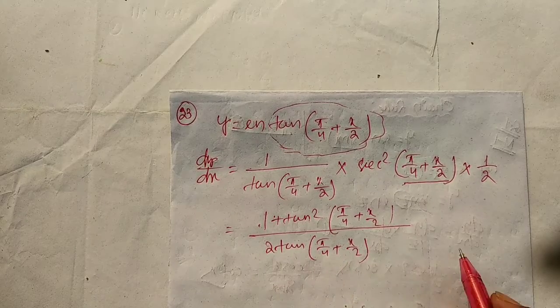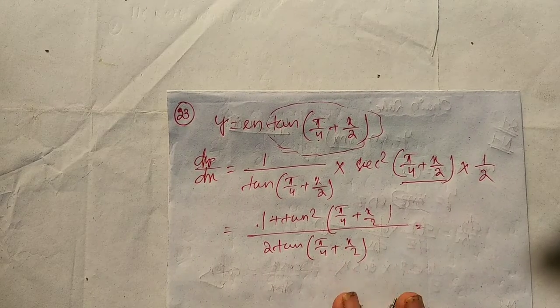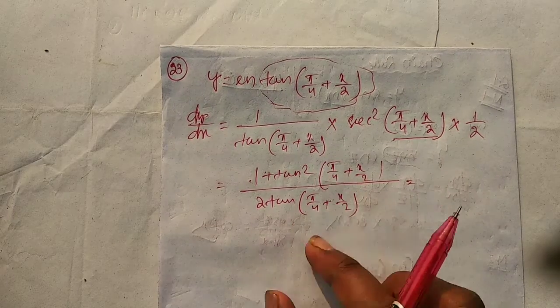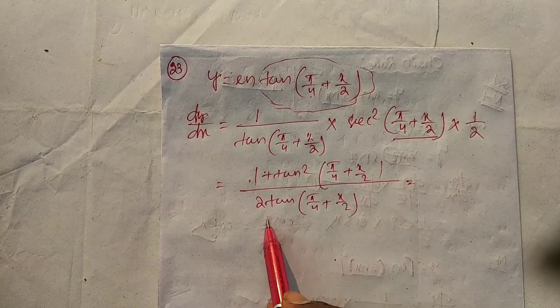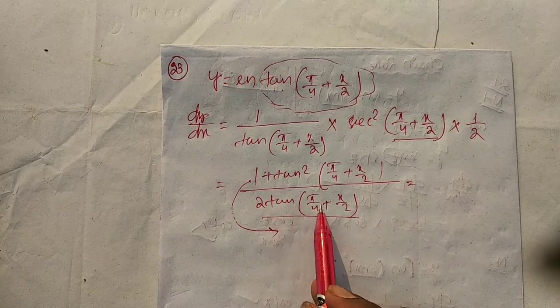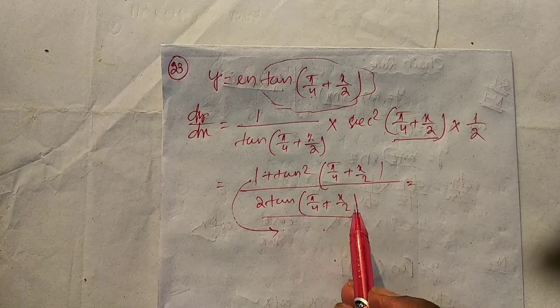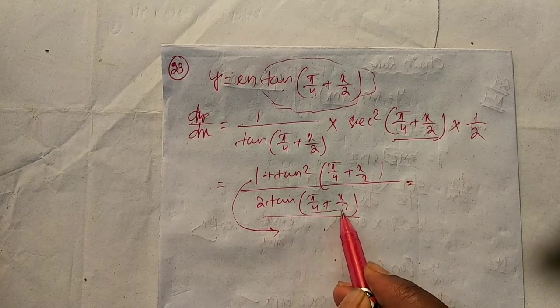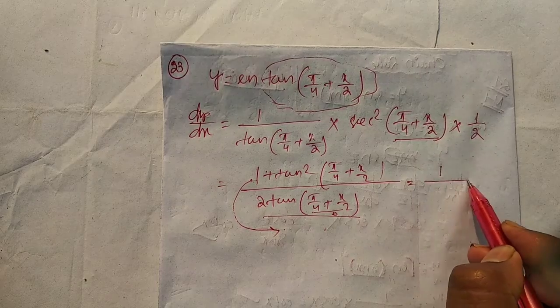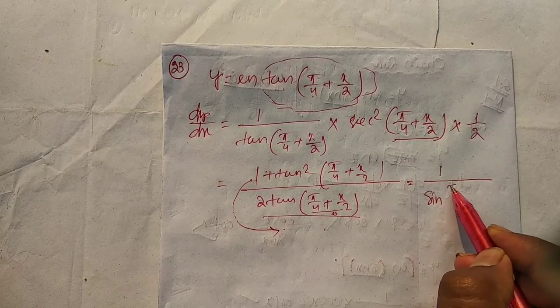So this is the formula, everyone observe. This quantity can be taken here, that means 1 by 2 tan theta by 1 plus tan square theta, if we take this as theta. So this is the formula of sin 2 theta, so 1 by sin 2 theta. How much is theta?